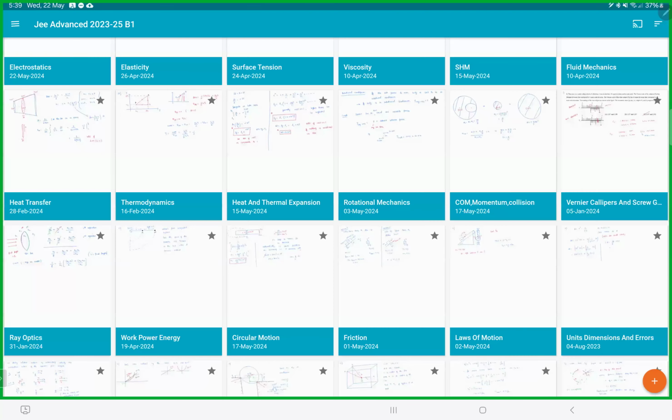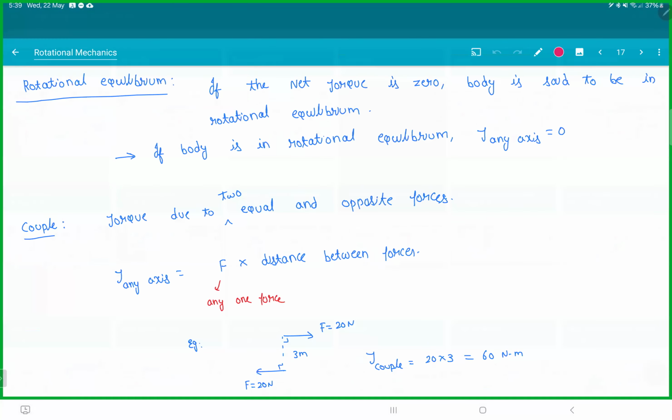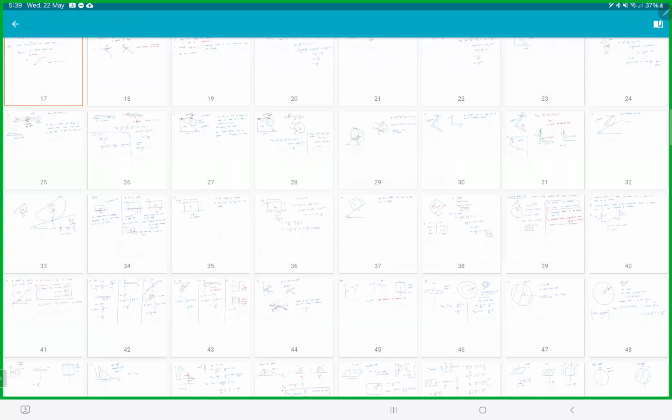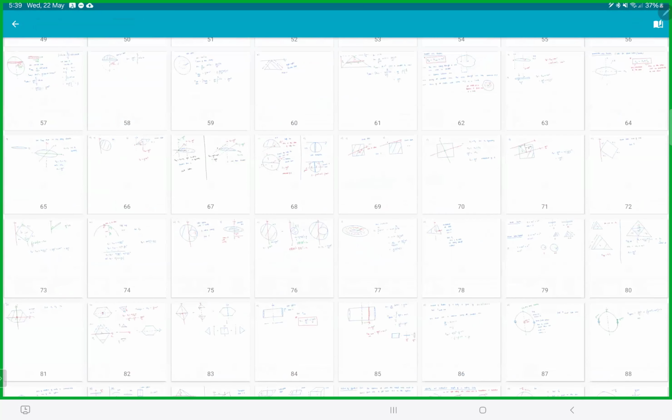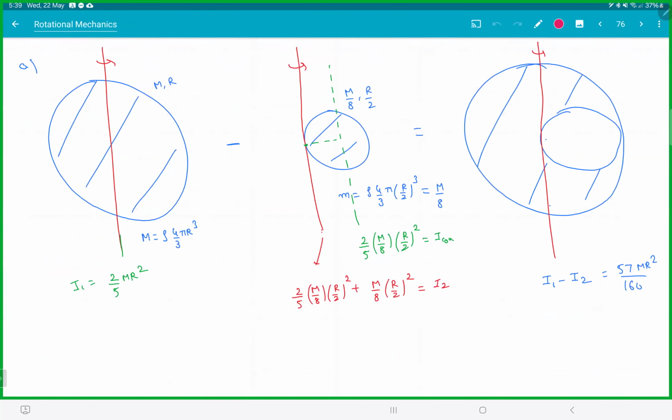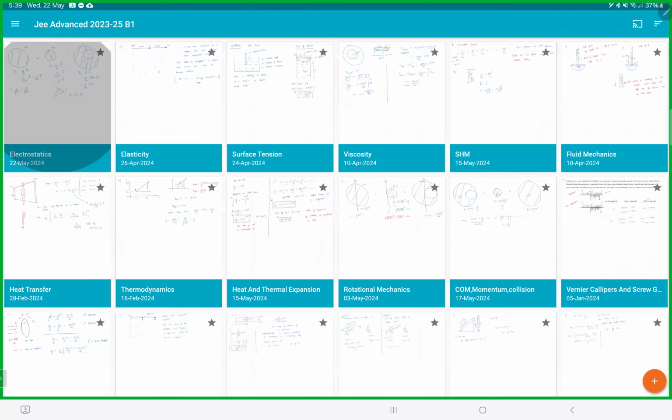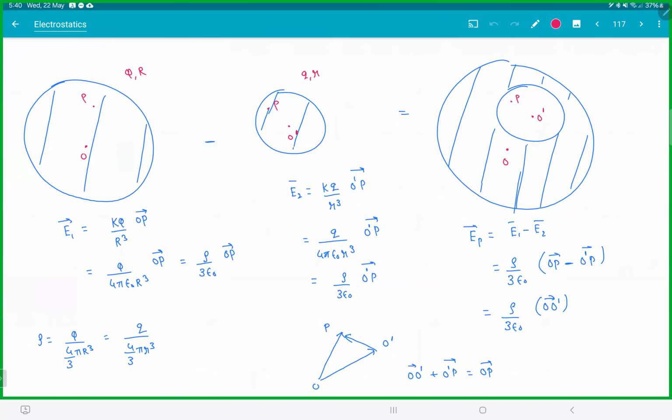And when we did rotation, we did the same thing: take a full sphere, take a small sphere, and subtract it. The idea is that you take a full one, take a small one, and subtract or add them to get whatever shape you need. Now that formula will be different for different chapters. Same thing you will see in magnetism, same thing you will see in gravitation. Idea is the same.